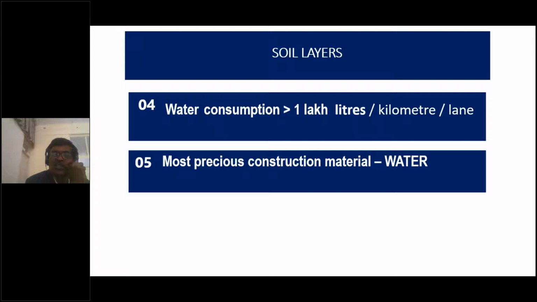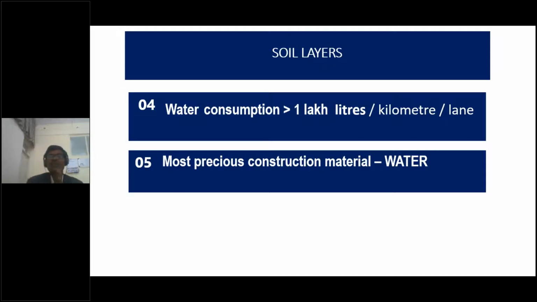And using so much water is again a big question, and there is no simple answer for this. On one side we talk about the density, which is dependent on OMC, on the other side there is the huge quantity of water. Today, if there is any precious material on this earth, construction material, that is water.